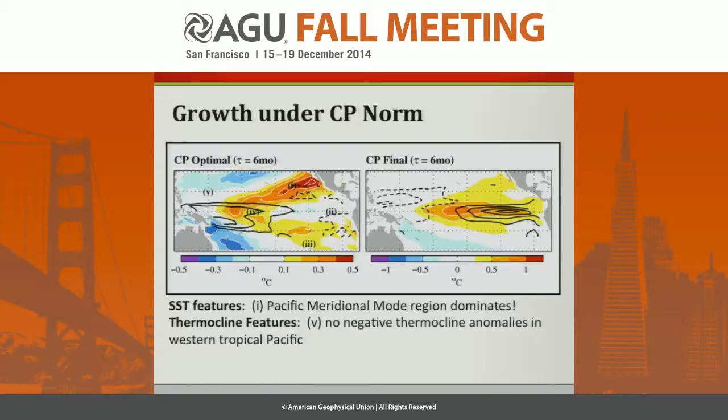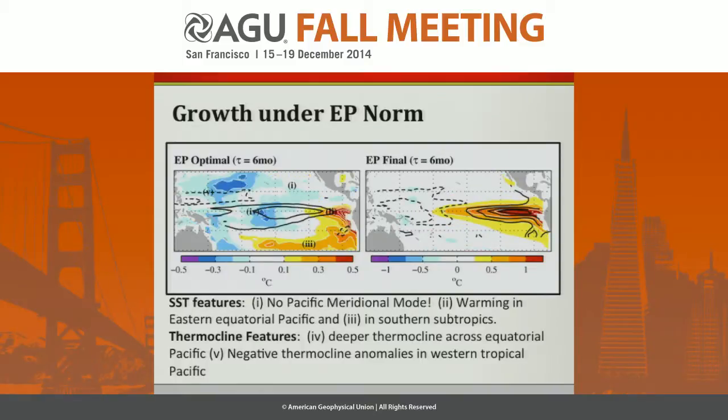In contrast, if we specifically try to grow in the East Pacific direction, our optimal initial condition looks very different. The Pacific meridional mode is largely gone. Whereas with the Central Pacific event we did not have warming in the Eastern Pacific as an important precursor, for the East Pacific event we do have that warming as an important precursor.